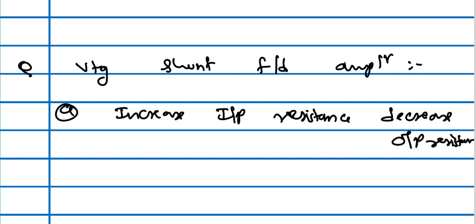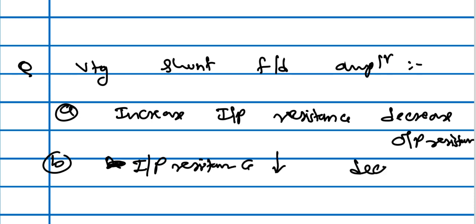Second option can be decrease input resistance, decrease output resistance. Like that there can be 4 combinations: increase input resistance, increase output resistance, decrease input resistance, increase output resistance. So the correct answer is that the voltage shunt feedback amplifier decreases input resistance as well as output resistance.